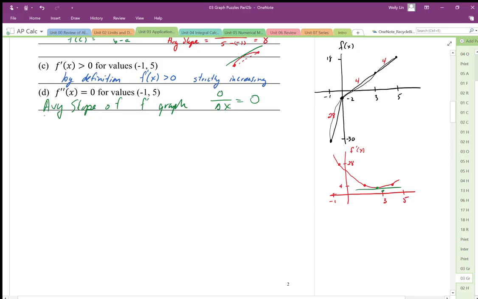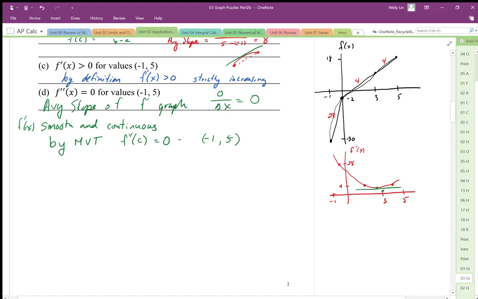So because this is smooth and continuous, so f prime is smooth and continuous, we can invoke the mean value theorem. So by MVT, f double prime of c is equal to 0 somewhere in the interval of -1 to 5.